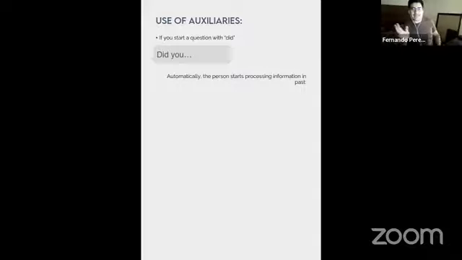Subject plus simple past, no? Similar to Laurita, you're saying the verb in past. Yes, the verb in past, but what is the information in past? The person starts processing information in past.